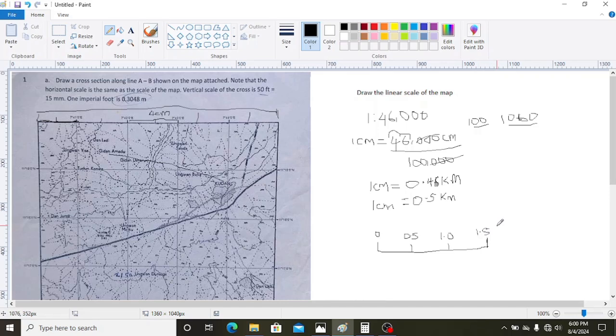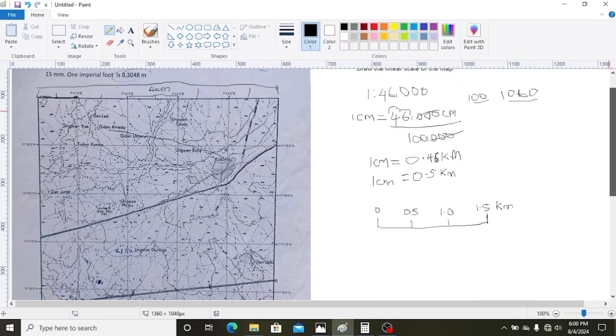You must indicate whether it is in meters or in kilometers. You write it at the front like this, kilometer. So this is your linear scale. This is how it's supposed to be. If you want to use 5 centimeters, you know what to get.